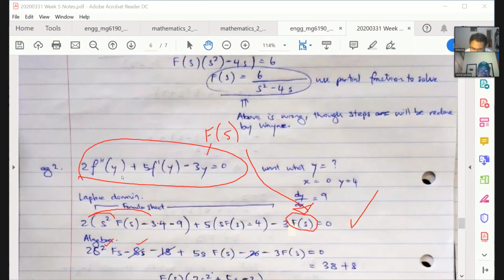And then minus 9 times 2 is 18. Plus, now we're removing the big bracket: 5 times s F of s. Agreed. 5 times 4 is 20. And then, of course, this one is still there.